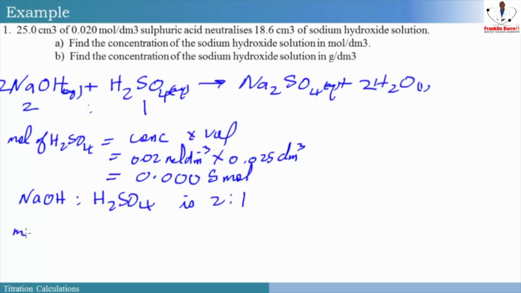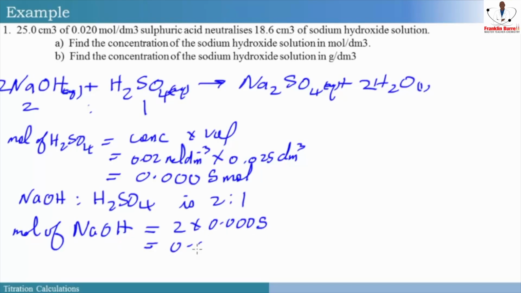So mole of sodium hydroxide is equal to 2 times 0.0005, which is equal to 0.001 moles. So we now know the moles of sodium hydroxide.